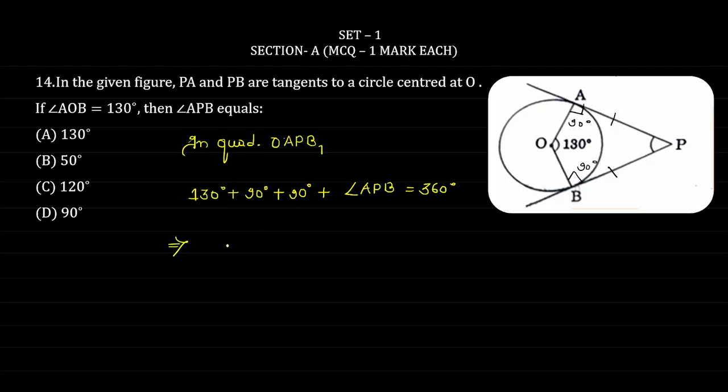Now this angle APB is equal to 360 degrees minus, this will be how much? 310 degrees, correct? And the answer will be 50 degrees.